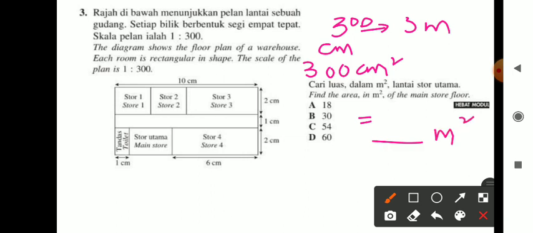How big in meter square? So it is harder to calculate this way. Next time I'll give you an example. Actually this is correct, but most students cannot understand, because they will tend to change this 300 cm square into 3 meter square. Actually that is not correct.